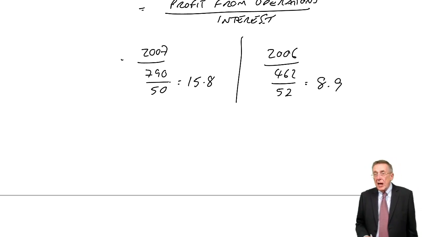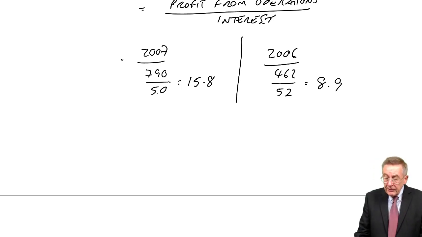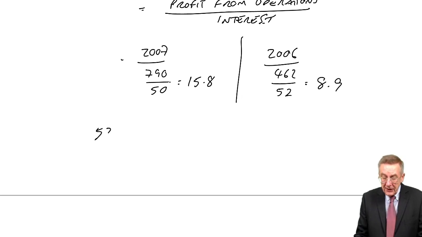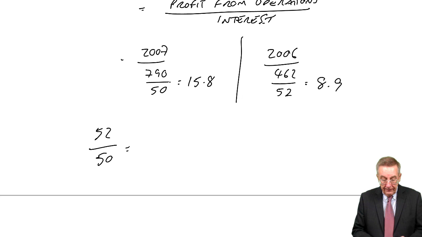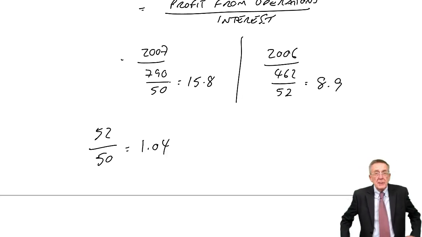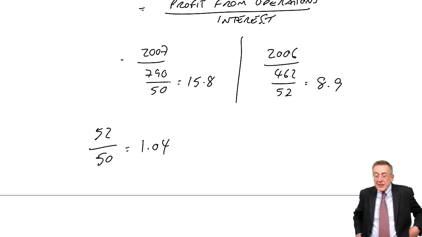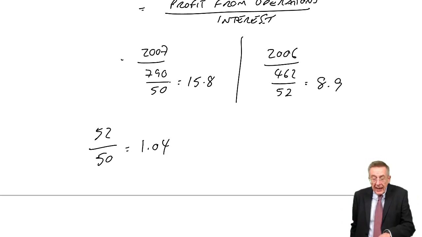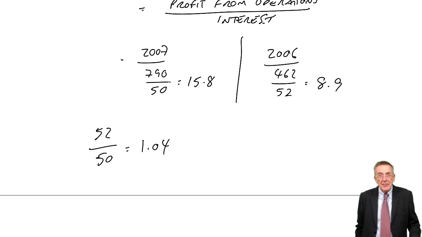Now, the reason that's relevant is this. If that figure was very low, let me make up a figure. Just suppose in 2007, the profit was 52 and the interest was 50. That gives 1.04, then if I were a shareholder, I'd actually be very scared, because it means if next year profits just went down a tiny bit, then maybe they couldn't pay the interest. And if they couldn't pay the interest, maybe we'd have to close down.